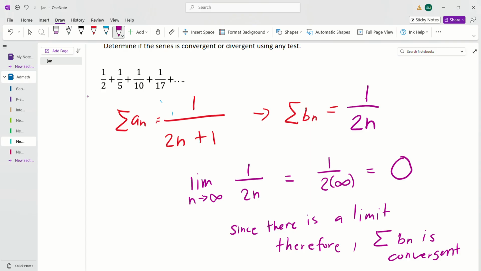If it's convergent, therefore your a sub n, or your original series, is also convergent. Otherwise, if the summation of b sub n is divergent, the summation of a sub n is also divergent.